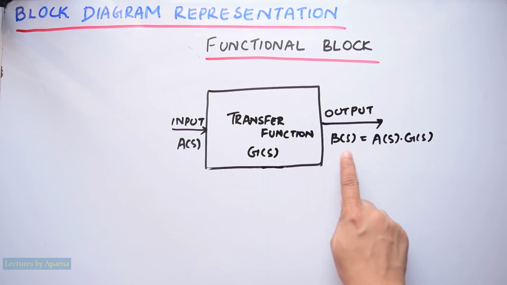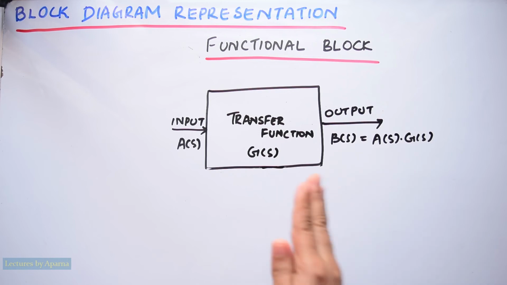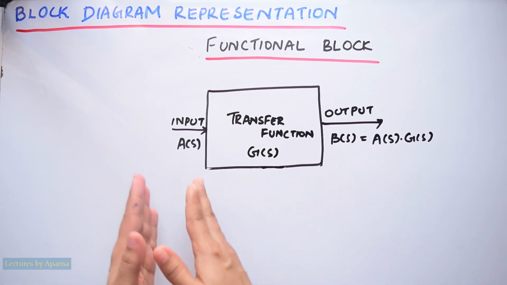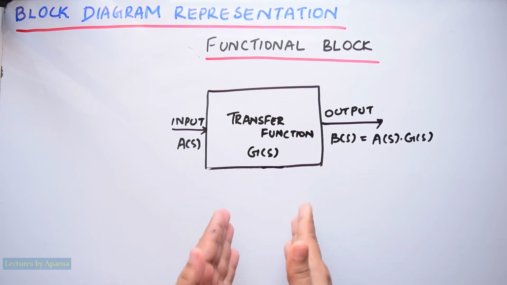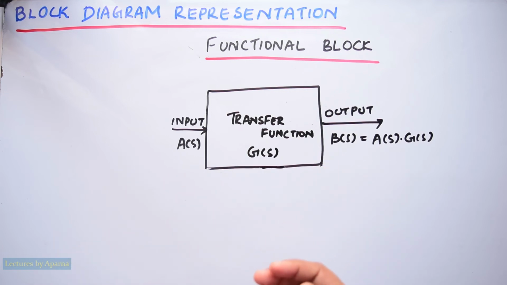So you get B(s) = A(s) × G(s). The output signal from a block is given as the product of the input signal and the transfer function in the block. In control systems, the Laplace transform is used for performing all operations.